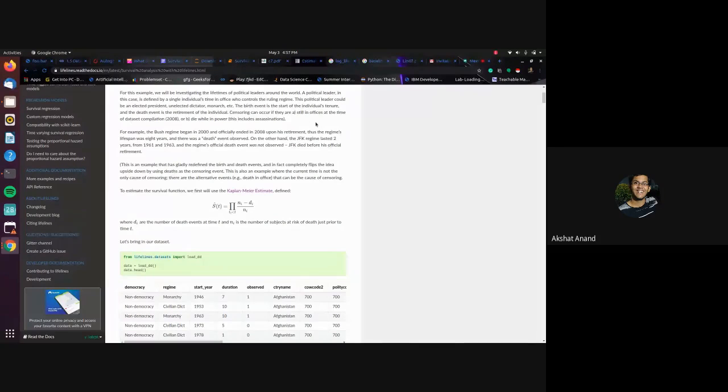For that person, we aren't aware of him having churned, but he is in power till now. If the dataset compilation is 2008, that means the churn has not happened; this president is still in office. That's why we are calling it right censored.